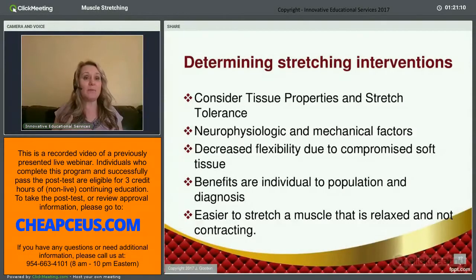That our routine should not be the same routine for every patient in terms of our types of stretching, just like our exercise should not be the same for every patient. That we really need to be altering it throughout our day and for each patient to be most effective for them.